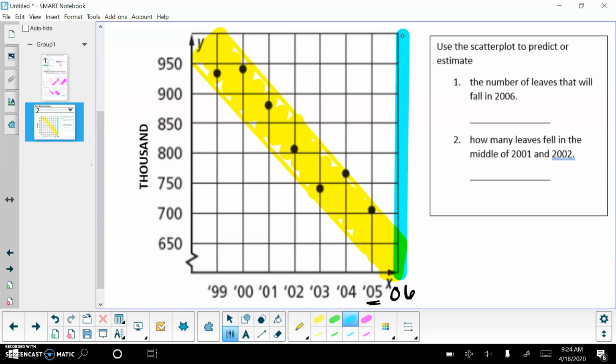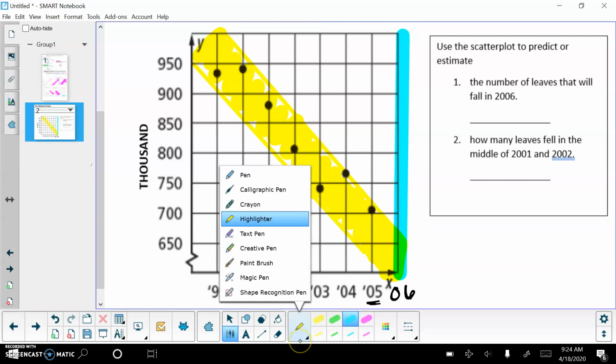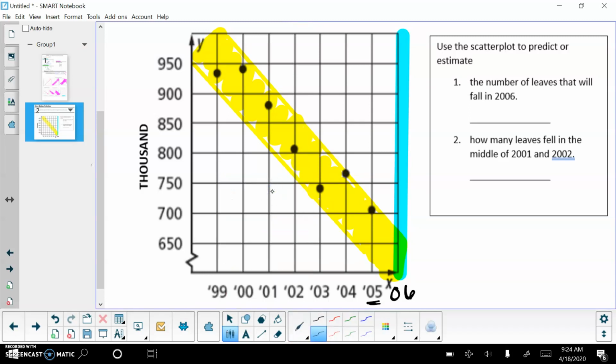Now, if I want to make a prediction about the number of leaves that might fall in 2006, I'm going to look to see where my two colors overlap. Where is my yellow band overlapping with my blue line? Because that will give me an indication of a good area for predicting. So I'm just going to highlight that area.